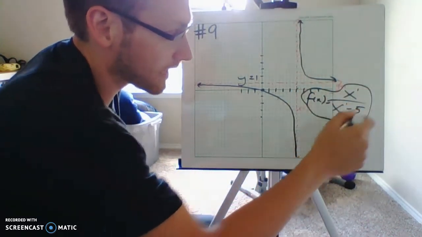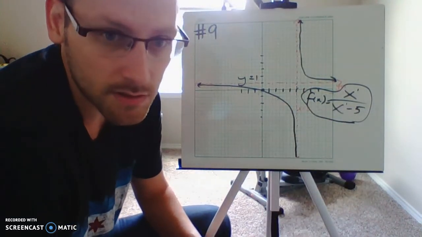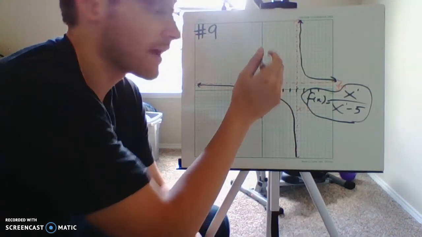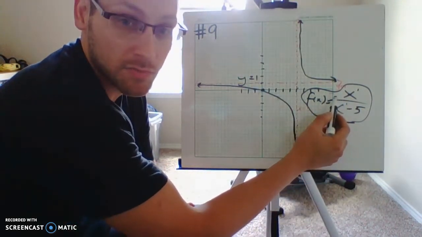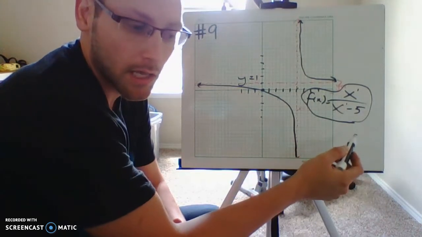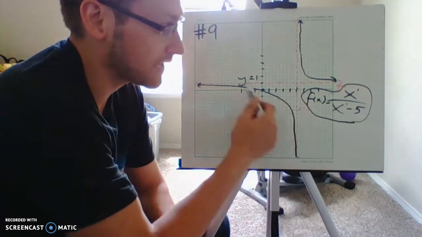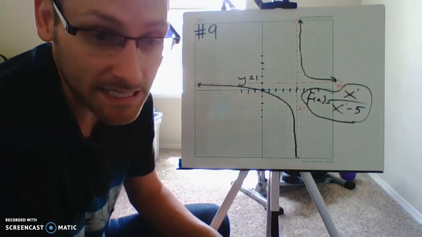Now, notice that our end behavior was y equals 1. Let's just say it was y equals 5. What I'd have to do is put a 5 right here, multiply it, vertically stretch it out. And what that would create is an end behavior of 5 over 1, which would make it y equals 5, and thus give me that end behavior that I needed.